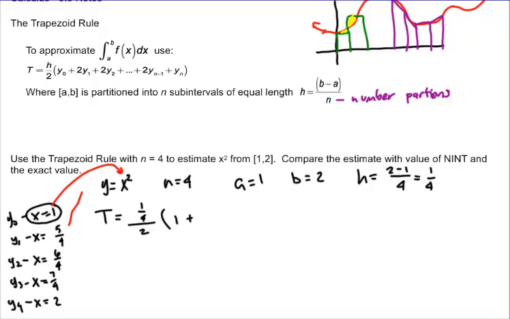Then take 5/4 and put it into x squared. So that's going to be the number 2 times 5/4 squared, 25/16, plus the number 2 times 6/4. Well, let's reduce this and make it a little easier to look at. That's 3/2 squared, which is 9/4, plus 2 times the next one, which is 7/4 squared, 49/16, plus the very last one squared is just 4.